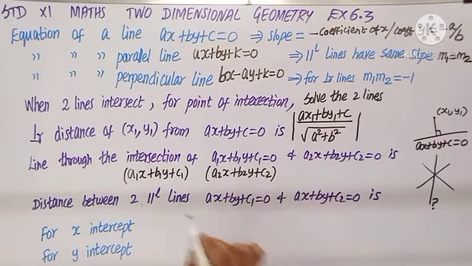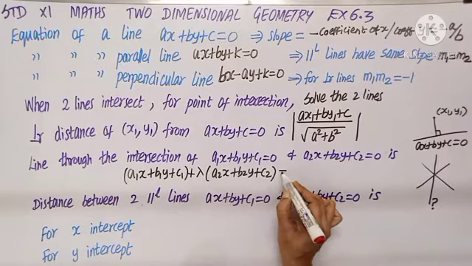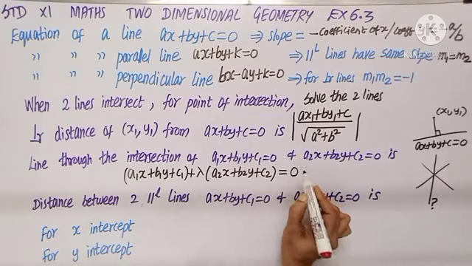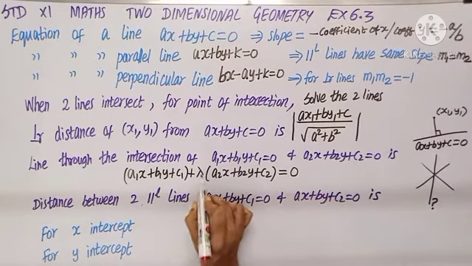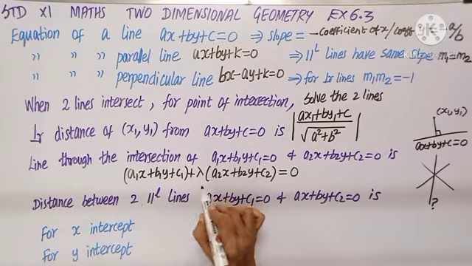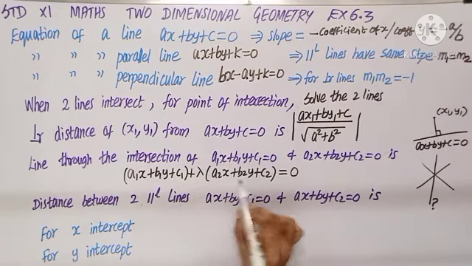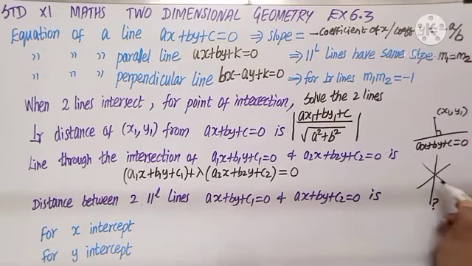The combination is one line plus lambda times another line equal to 0. I can put lambda, k, any constant here. So, one line plus lambda times another line equals 0. This is the new line that is passing through the intersection of 1 and 2.